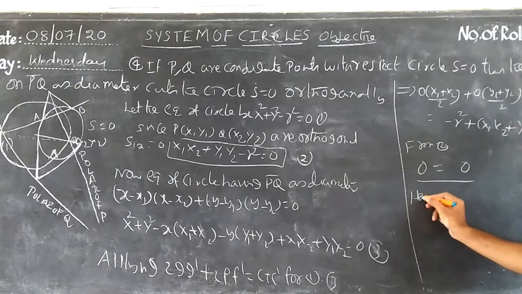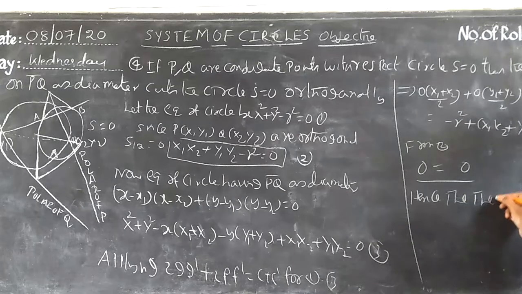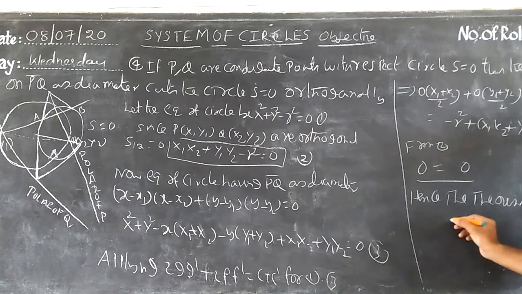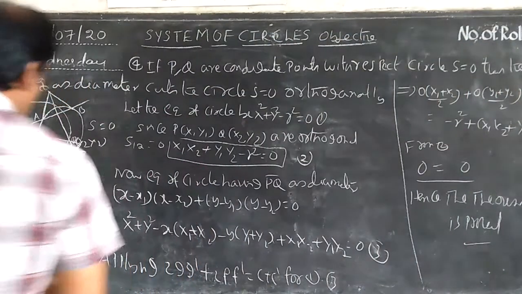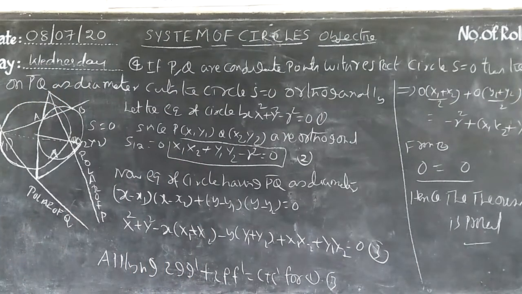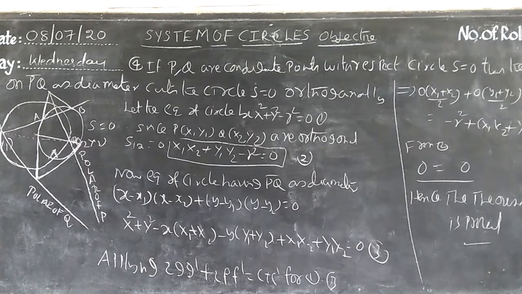Hence the theorem is proved. What is the theorem? If P, Q are conjugate points with respect to the given circle S equal to 0, then the circle having PQ as diameter cuts the given circle orthogonally.